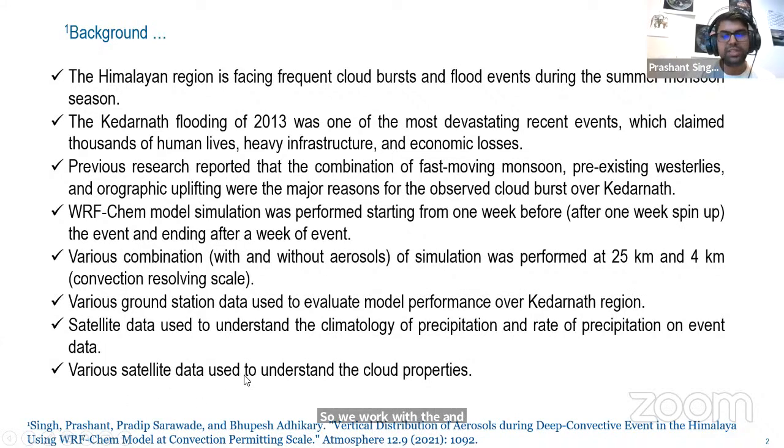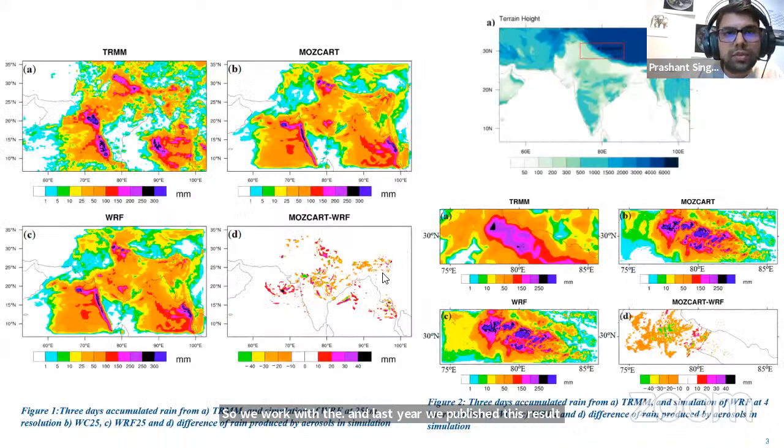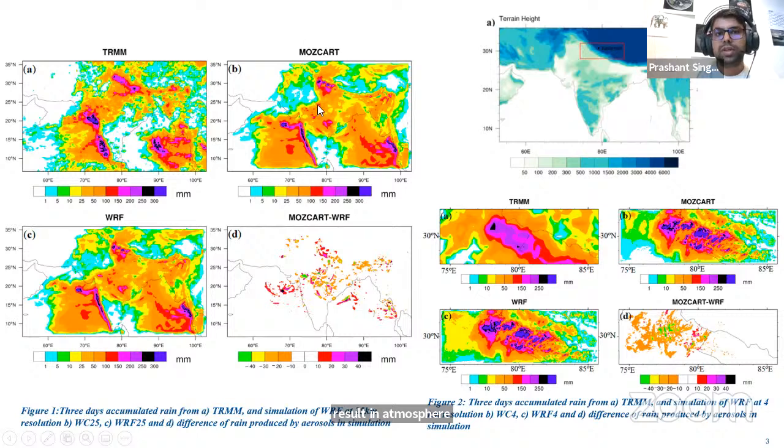And last year we published this result in Atmosphere. So you can see from the WRF simulation at 25 kilometer and 4 kilometer resolution, from topography, Kedarnath is just near the western border of Nepal and the southern tip of the Himalaya.